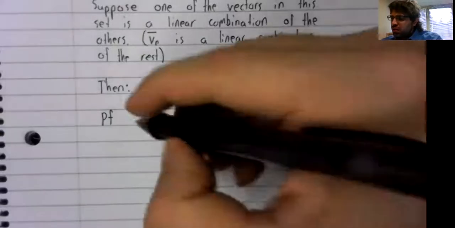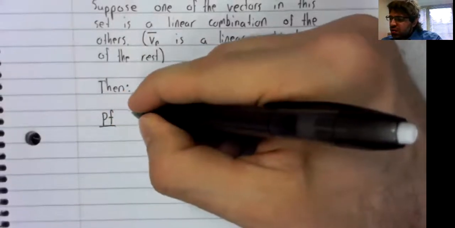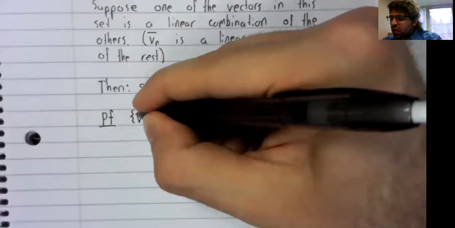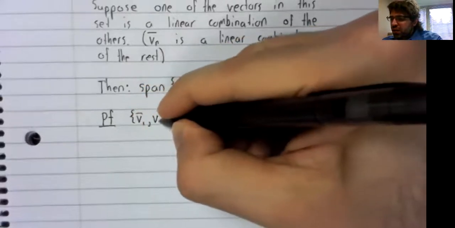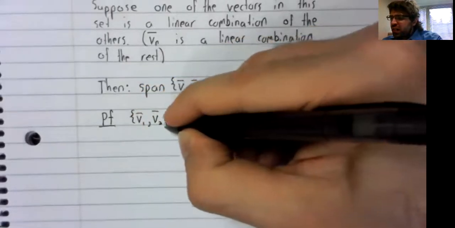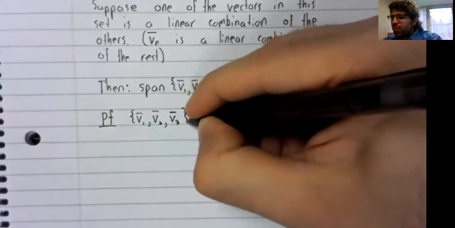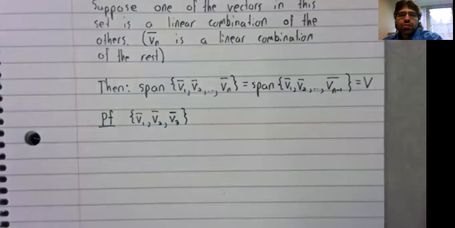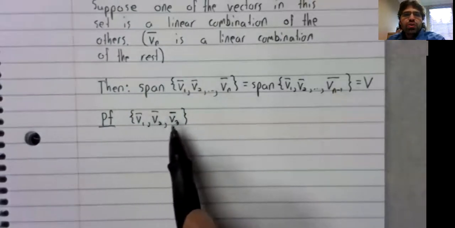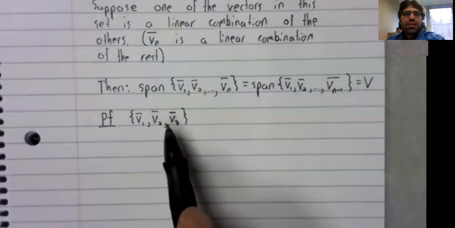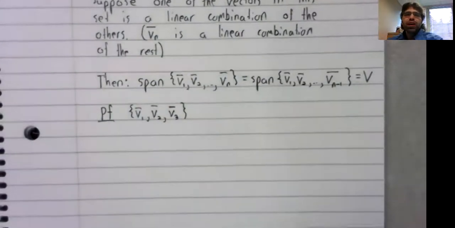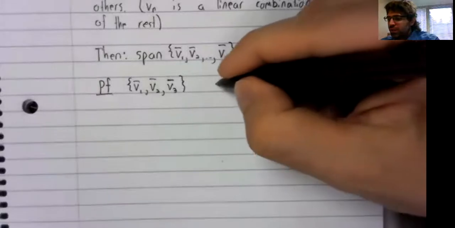So let's, just for ease of writing, look at a set with some fixed number of vectors. But the proof doesn't change if we increase the number of vectors. This assumption is purely to make this easier for me to write down.